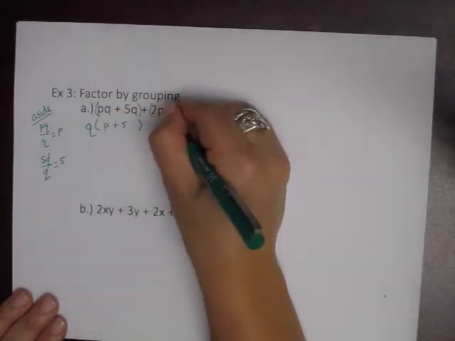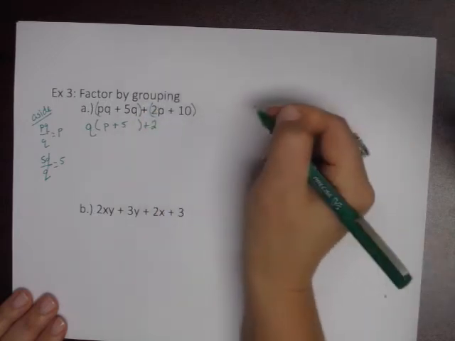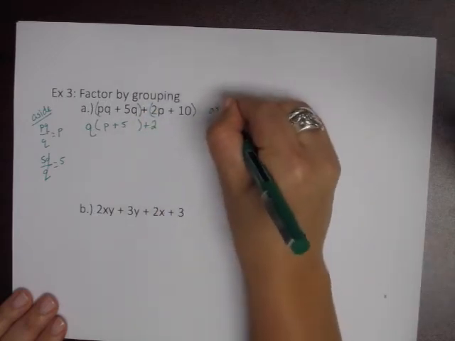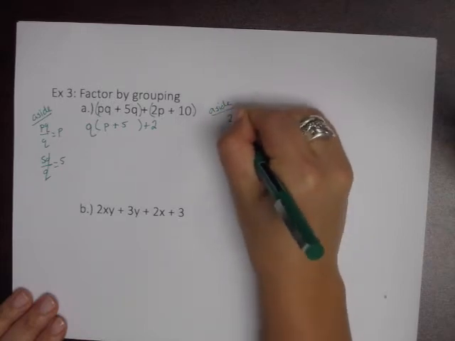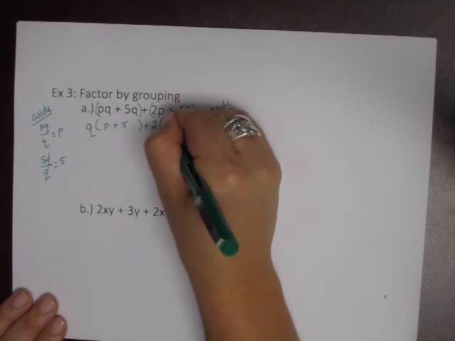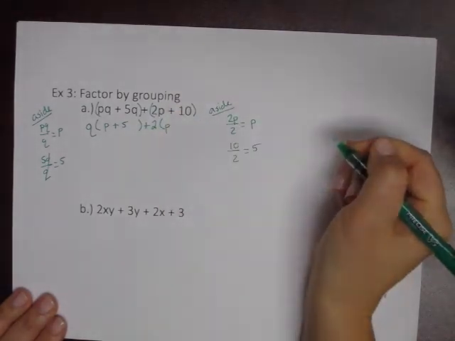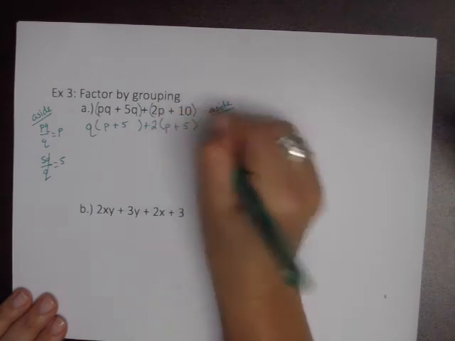Alright, over here I've got 2P plus 10. The only thing that they have in common is a 2. So with my side work here, I would take 2P divided by 2 and be left with P. And then 10 divided by 2 would leave me with plus 5.